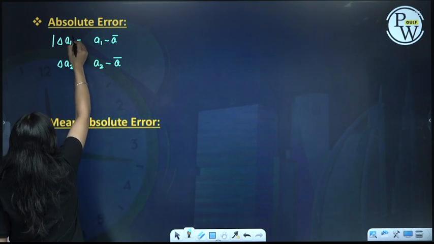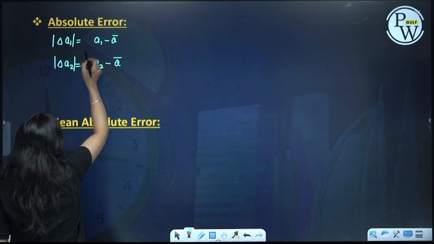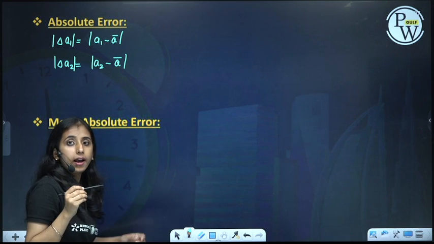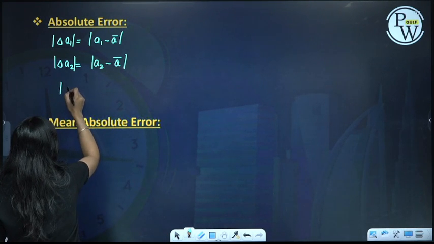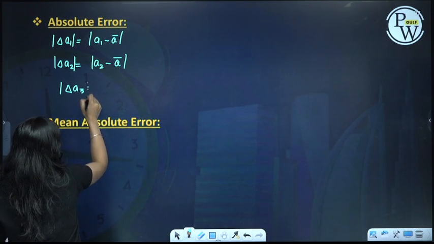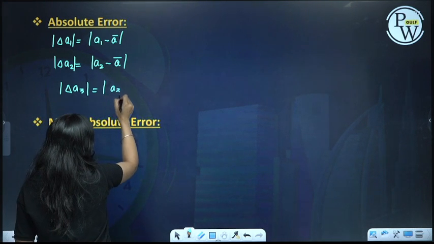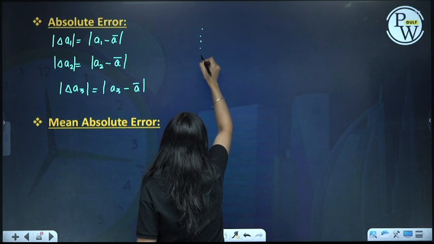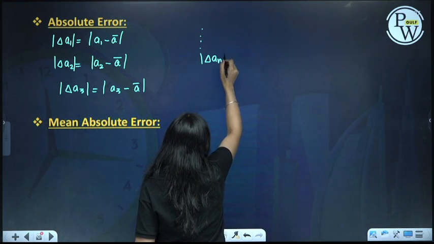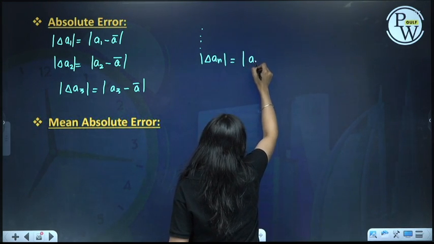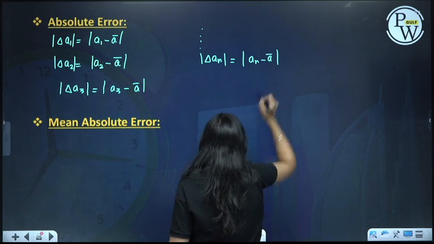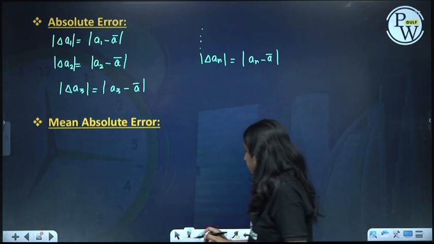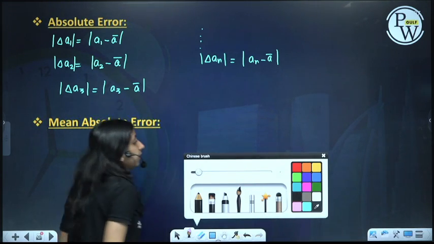The magnitude only of these errors is called the absolute error. Similarly, delta A3 is the mod of A3 minus A bar, and so on up to delta AN, which is the mod of AN minus A bar. So this is the absolute error in each measurement.